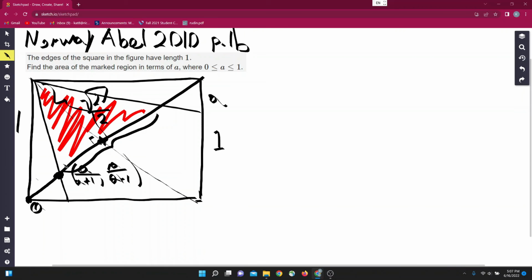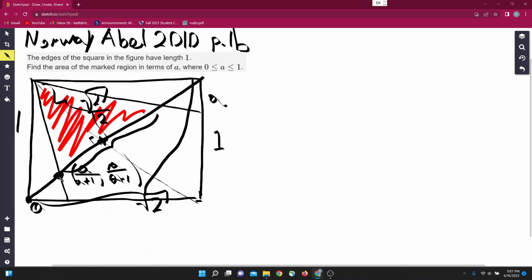But notice that to get this base, we already know the length of this full line segment. That's just going to be root 2. So if we can subtract off the lengths of these pieces, we can get that base. And it suffices to calculate the length of one of those, as the other one is equivalent by symmetry, right?